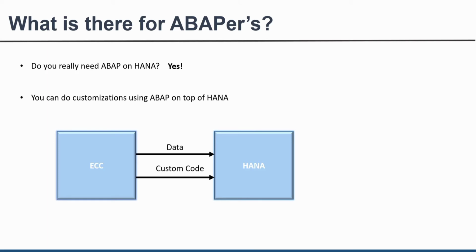Now, once you copy your custom code from ECC to HANA and when you try to execute that code on top of HANA, what will happen to your custom code? Logically, when you say that HANA has a great capacity to handle huge amount of data at a very high speed, your custom code should run with a very high speed automatically.